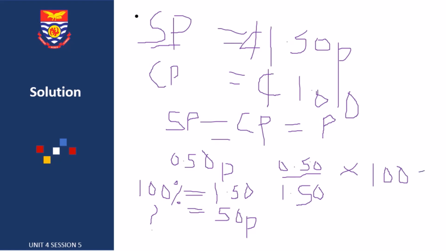So we can quickly calculate that: 0.50 divided by 1.50, multiplied by 100%, gives us 33.333%, a recurring figure.